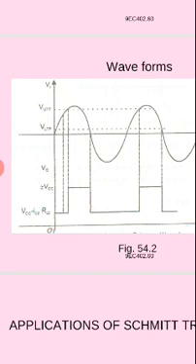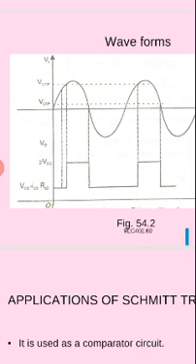In place of VCSAT in the output voltage waveform, it is represented as VCC minus IC2 RC2 value. That can also be called VCSAT value.